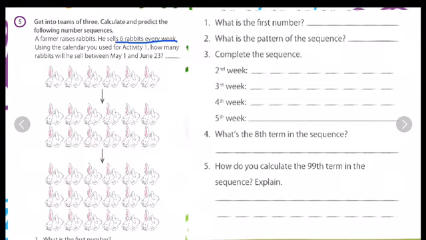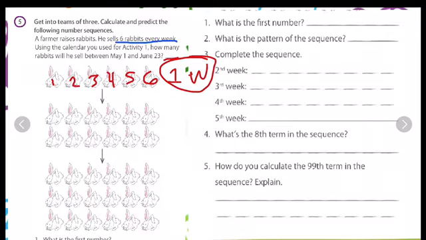So this answer right here, we will know it at the end. They have here an image, a representation of the rabbits that a farmer sells. So he has 1, 2, 3, 4, 5, 6. So this is week 1, right?